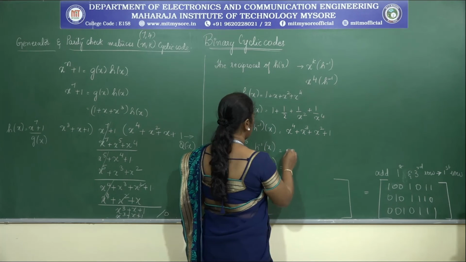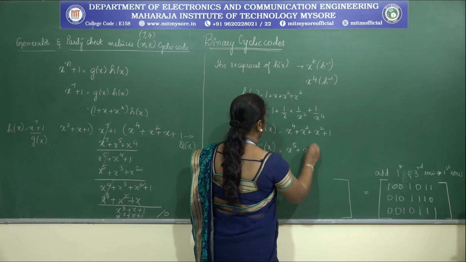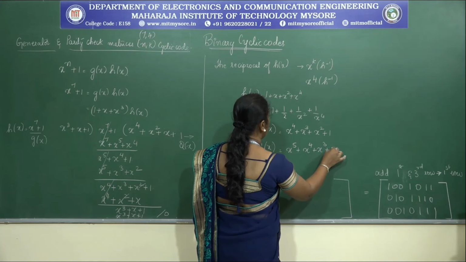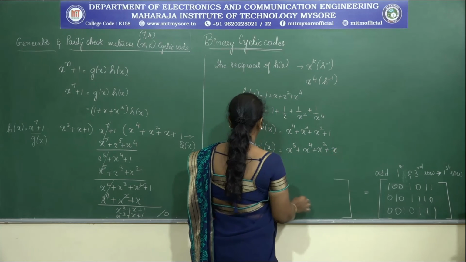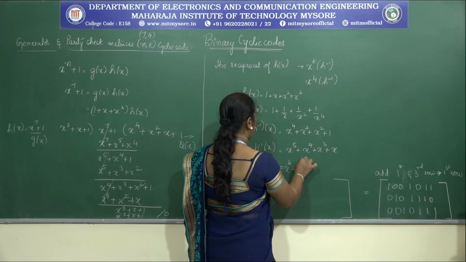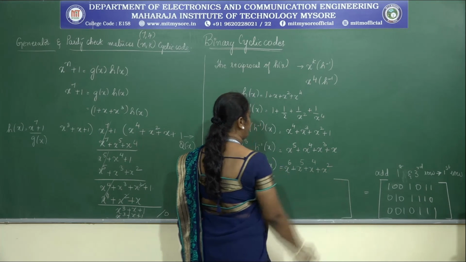Then it will be x power 5 plus x to the power of 4 plus x3 plus x. Then this one will be x power 6, 5, 4 and 2.